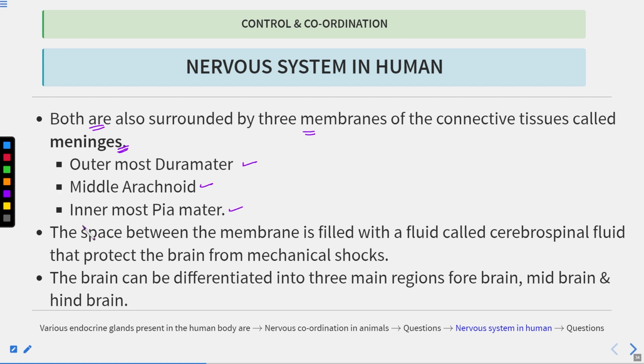Now the space between the membranes is filled with a fluid called the cerebrospinal fluid. What is the role of the cerebrospinal fluid? It protects the brain from mechanical shocks. Clear? Now the brain can be differentiated into three main regions: forebrain, midbrain, and hindbrain.